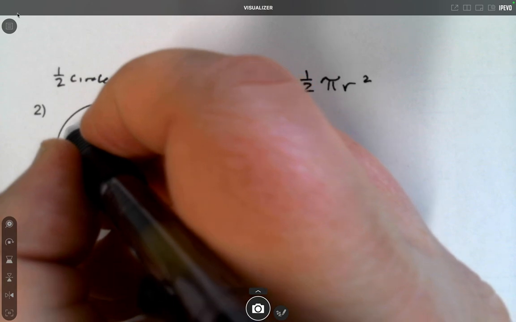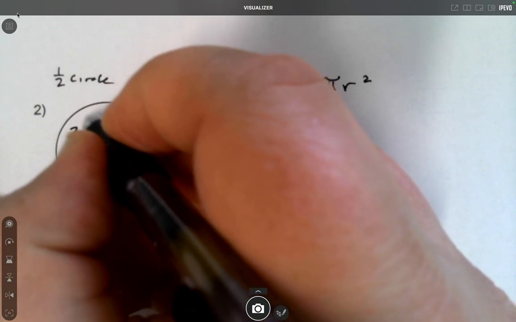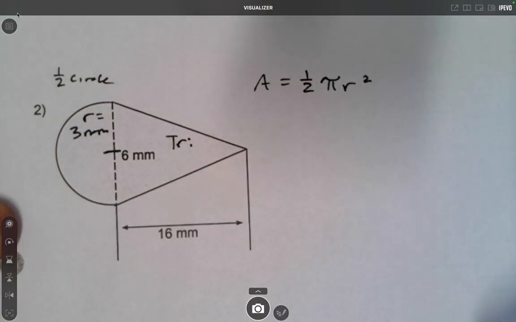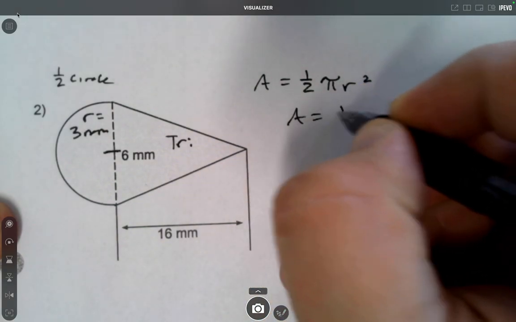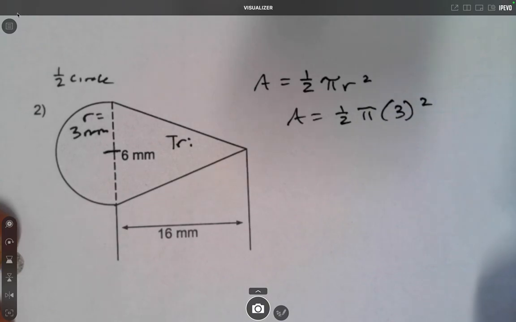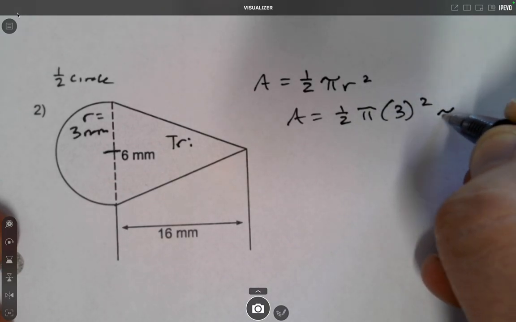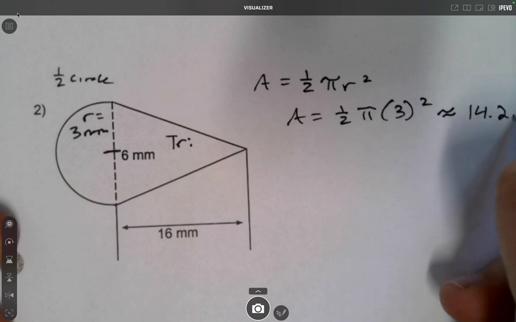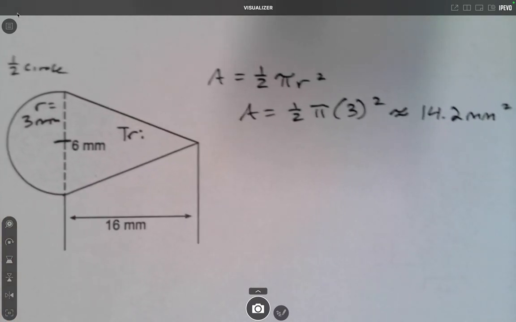So we need the radius, which would be 3 millimeters. So the radius is 3 millimeters. So 1/2 times pi times 3 squared. And we'll just say that's approximately 14.2 square millimeters.